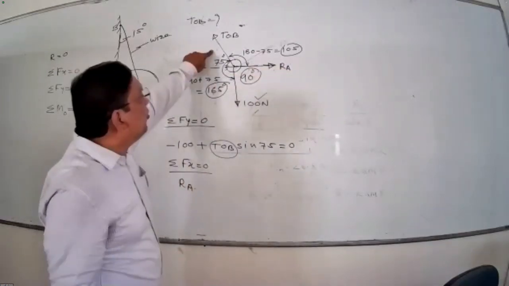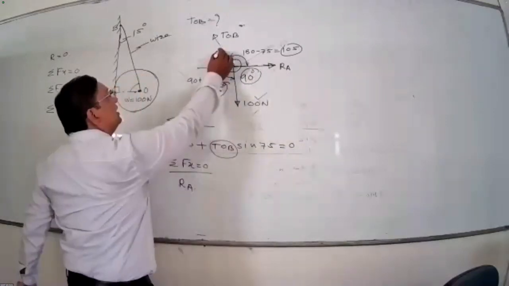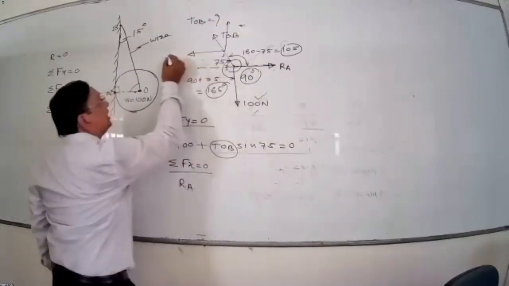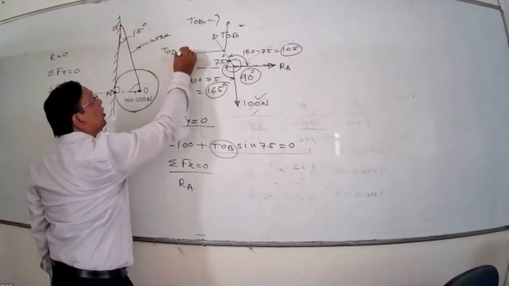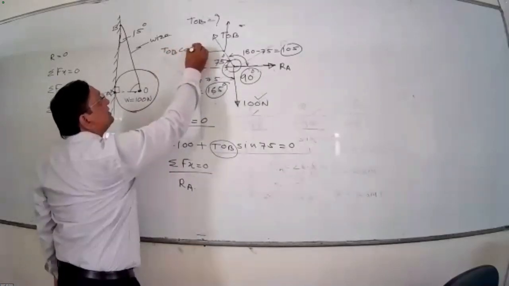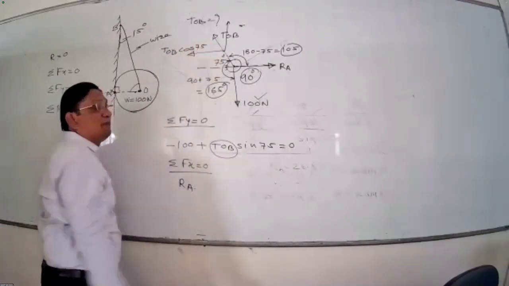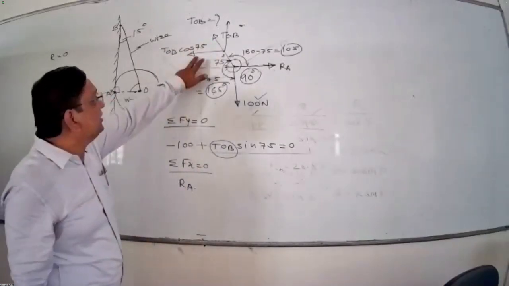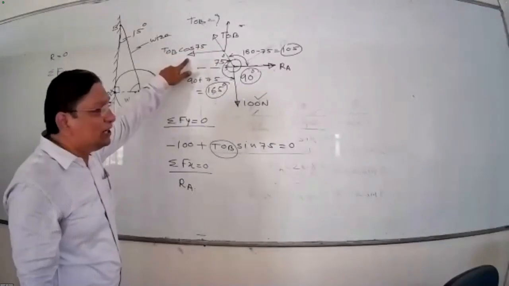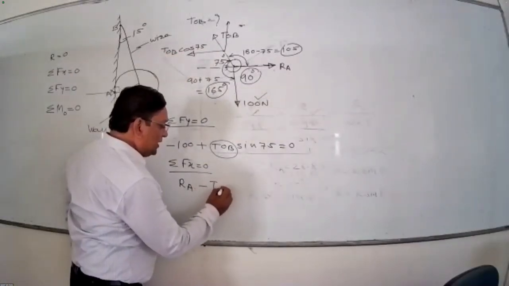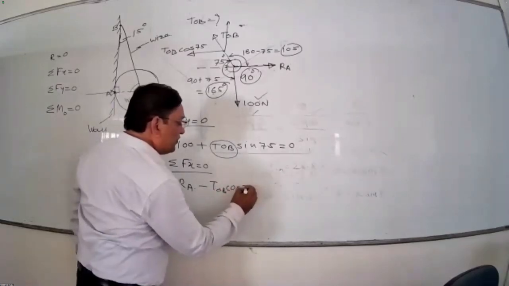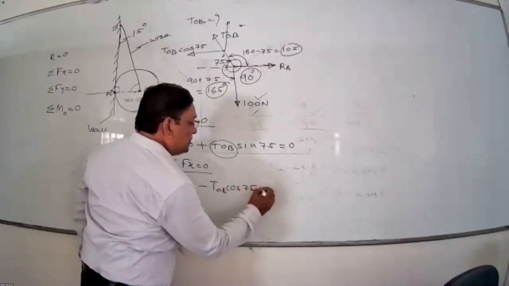TOB, if I resolve, its x component will be TOB cos of 75, the angle with the horizontal. And this is acting towards the left-hand side, so it has to be negative.